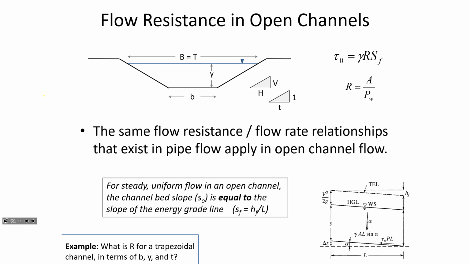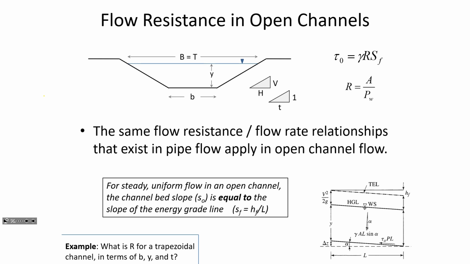think about a trapezoidal shape like this. What is the area if we know B, this is Y, and then it is 1 to T is the side slope. So the way that we can determine the area is B times Y plus Y times T times Y. Because what we'll have is a rectangular section.